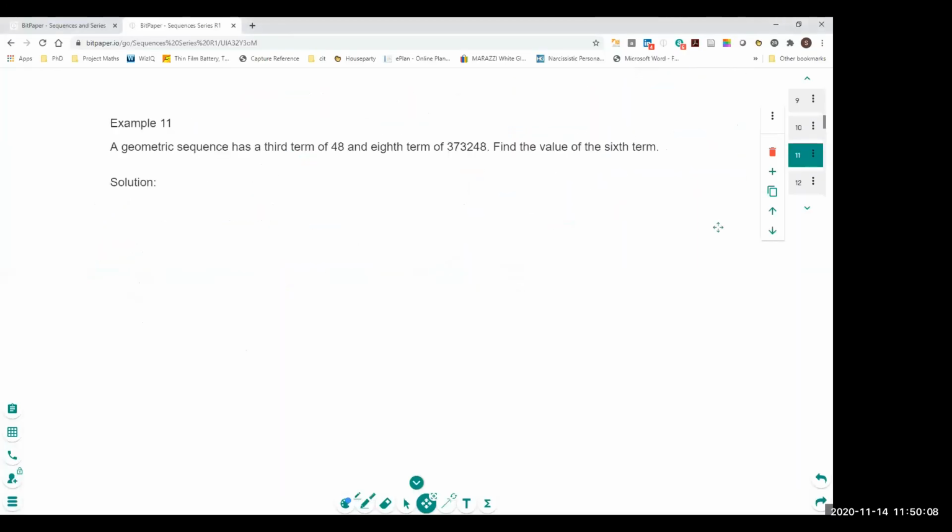On to 11. A geometric sequence has a third term of 48 and an eighth term of 373,248. Find the value of the sixth term. So what do we know? We know that T of 3 is equal to 48, and we know that T of 8 is equal to 373,248.